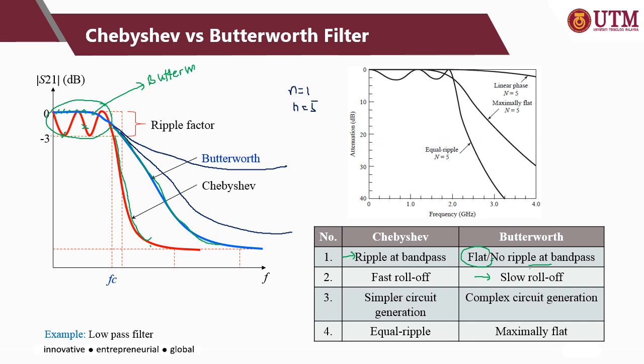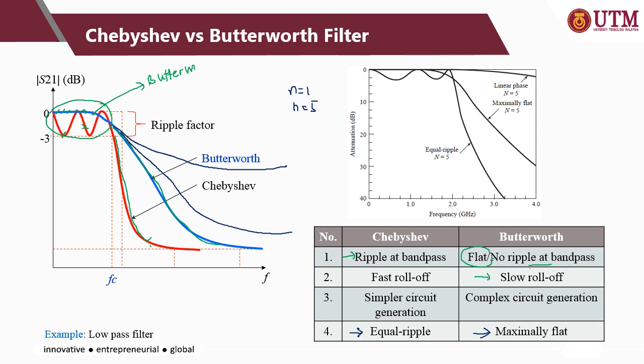In terms of circuit generation or development, the Chebyshev has simpler circuit generation, while Butterworth has complex circuit generation. And lastly, the Chebyshev is also known as equiripple, while the Butterworth is also known as maximally flat.